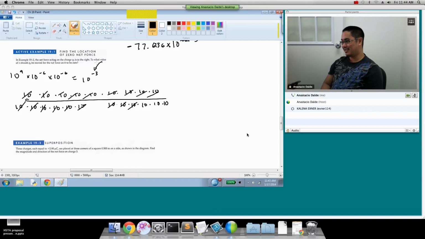If it's in the numerator, it would be a positive number. Basically, it's flipping 1 over 10 to the 3. Are we cool with that, Kalena? Do you like my explanation? That's the beauty of doing scientific notation: you're doing crazy, crazy multiplication, but using addition and subtraction.